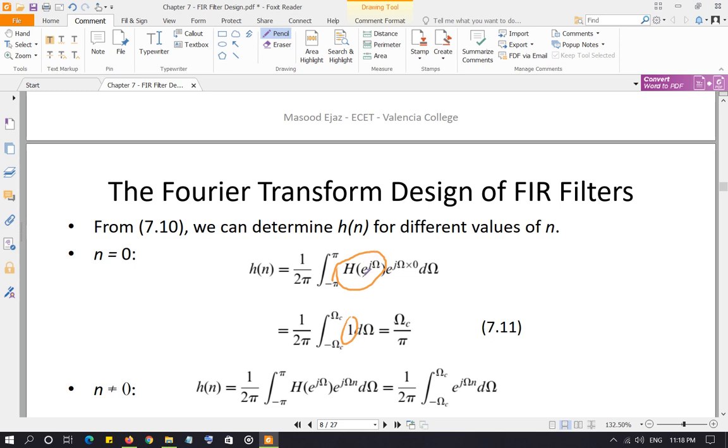So we replace h of e^(j omega) by 1, and we put n is equal to 0 over here, e^(j omega n). So we're going to get omega c over pi for h of n when n is equal to 0.